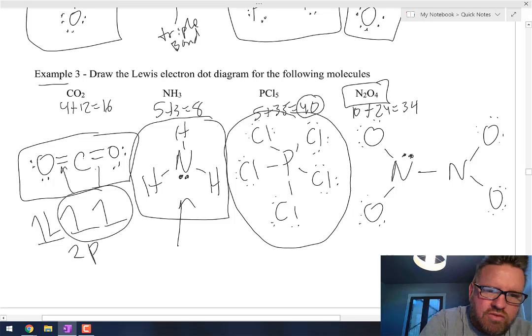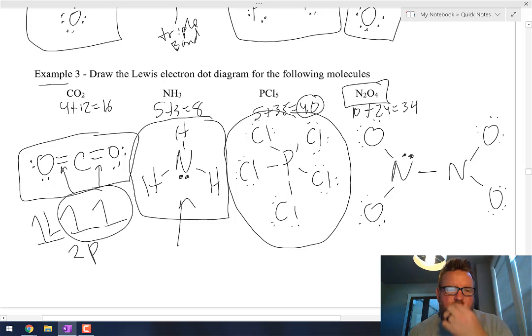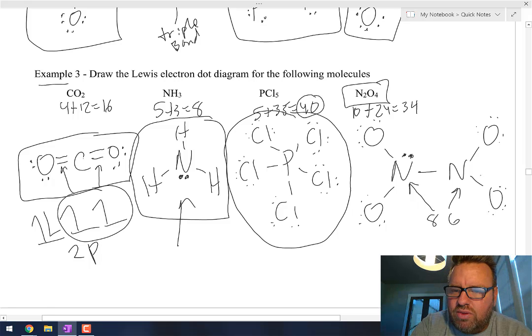If we can, we try to make oxygen form 2 bonds, but a lot of times that just doesn't happen. For example, over here, it's not going to happen at all. So in the case of N2O4, the nitrogen on the left has 8, but the nitrogen on the right only has 6.